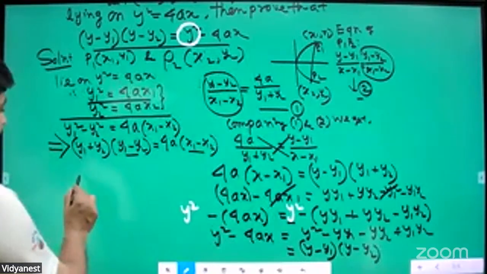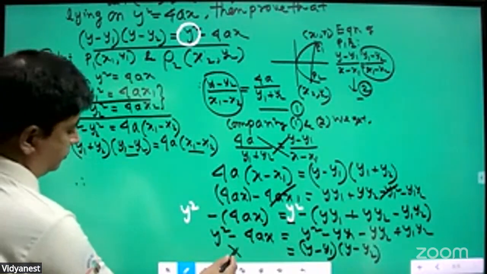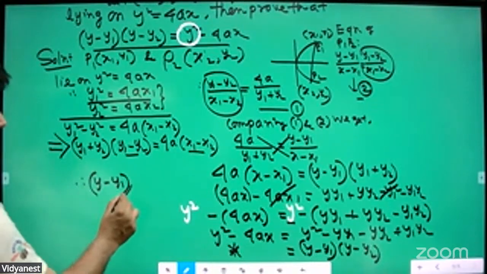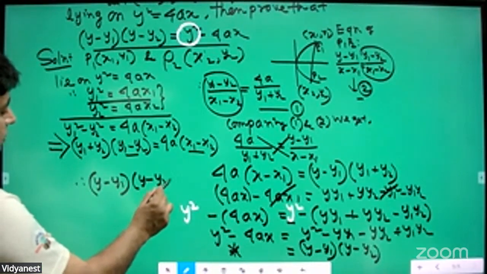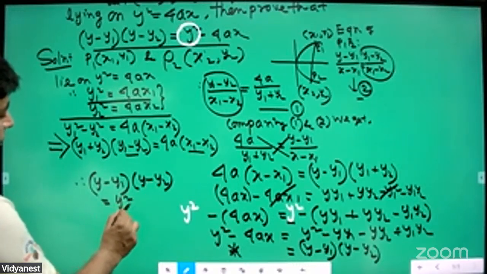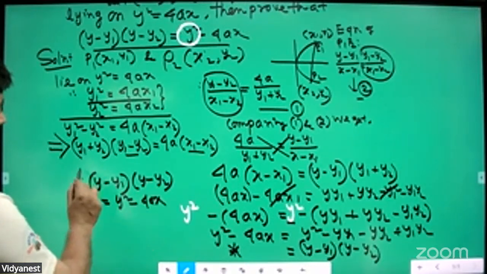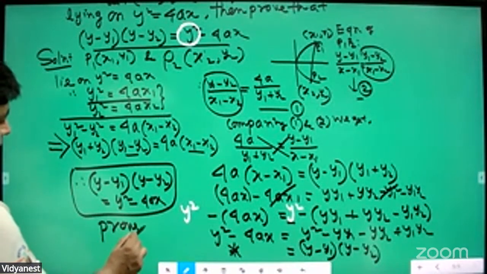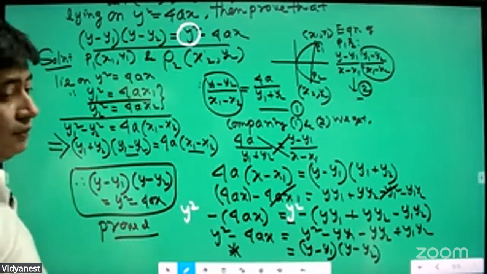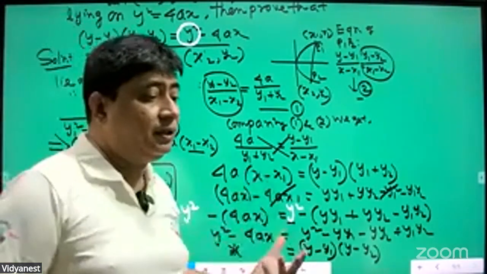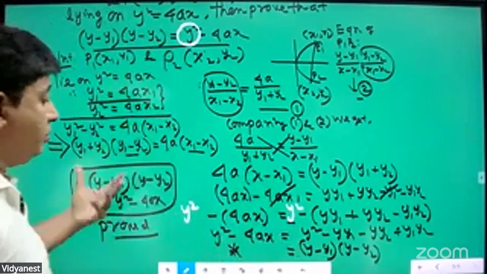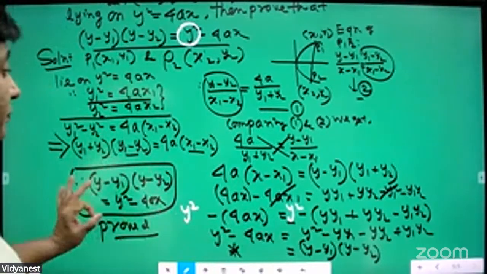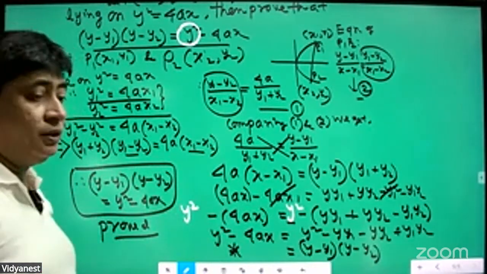So the conclusion is done. Y minus y1, y minus y2 is equal to y squared minus 4x. Hence proved. Hope you could follow this sum. This sum is done with respect to the basic board level formula. Okay? Hope you could follow.